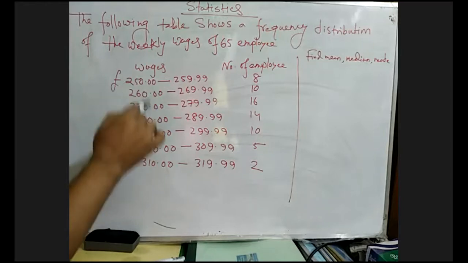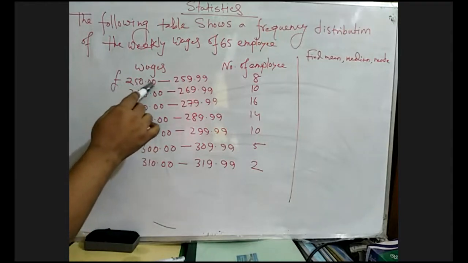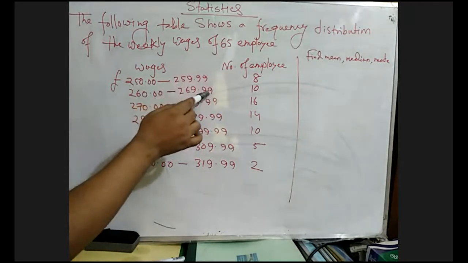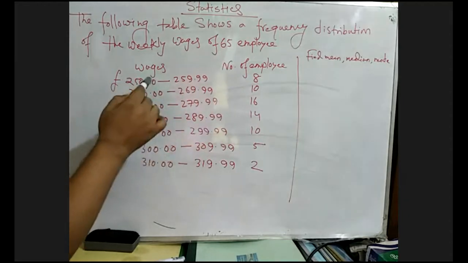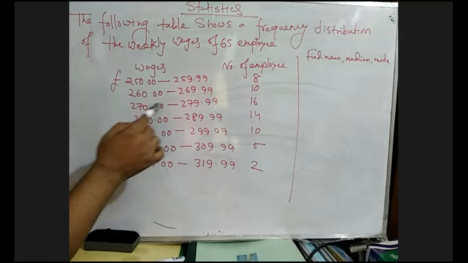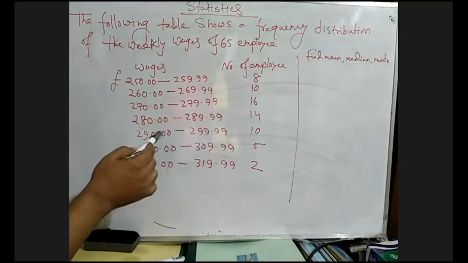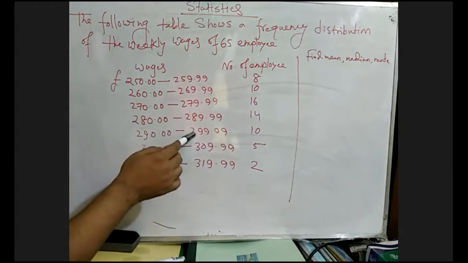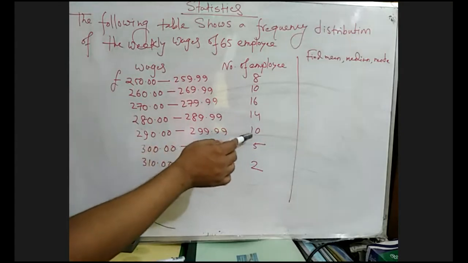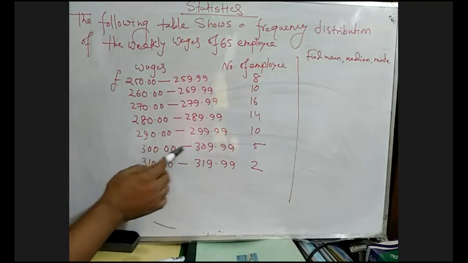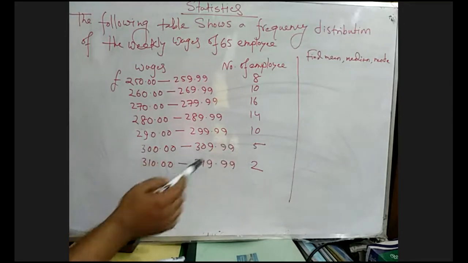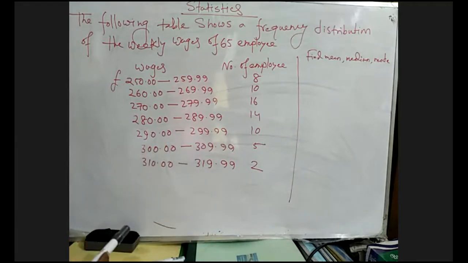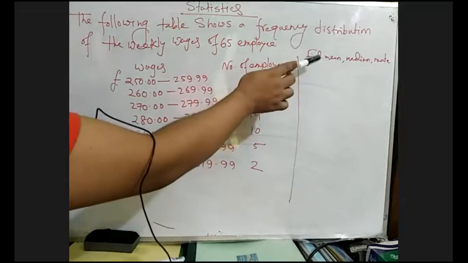This is the amount of wages: pound 250 to 259.99, there are 8 employees; 260 to 269.99, there are 10 employees; 270 to 279.99 are 16 employees; 280 to 289.99, 14 employees; 290 to 299.99 are 10 employees; 300 to 309.99 are 5 employees; and 310 to 319.99 are 2 employees. From this table, we have to find out, first of all, the mean.